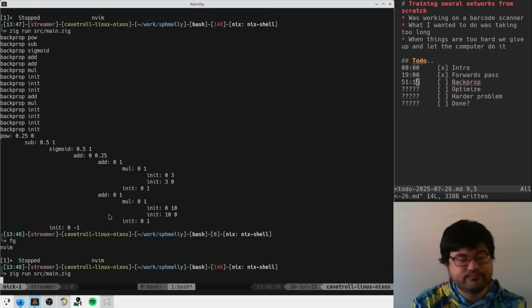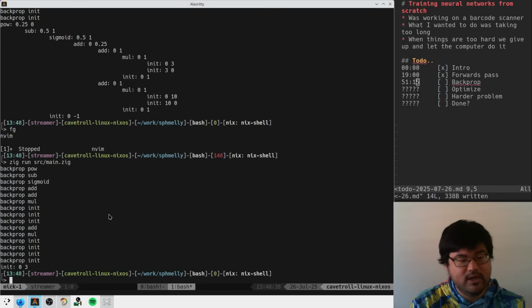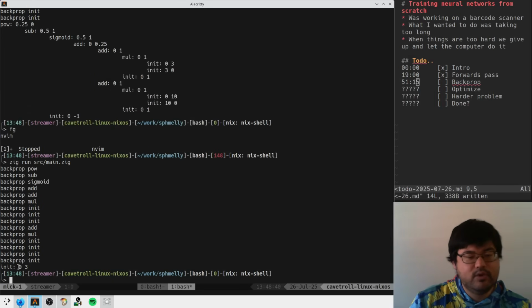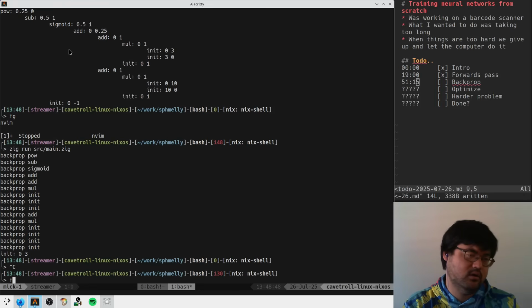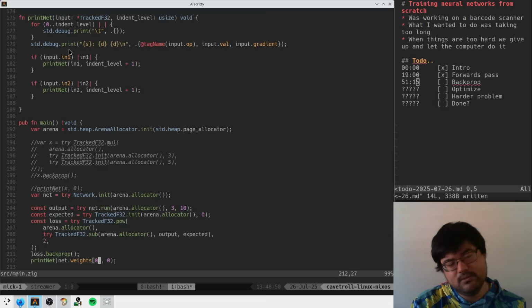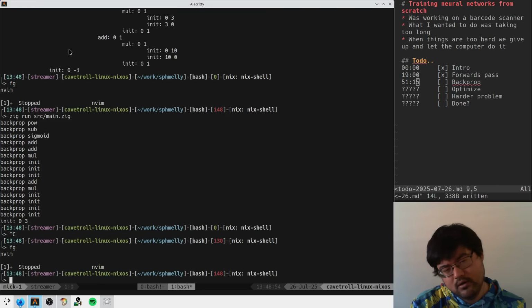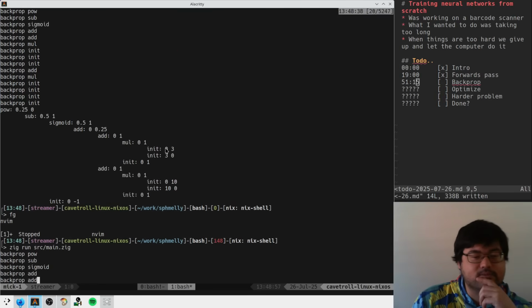So we think that if we change weight 0 by 1, the output number should change by 3. That seems impossible, right? Because the output is a number between 0 and 1.